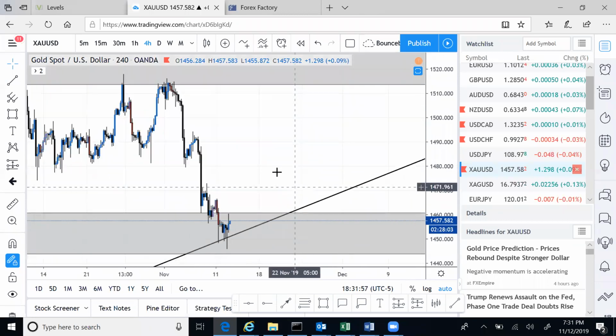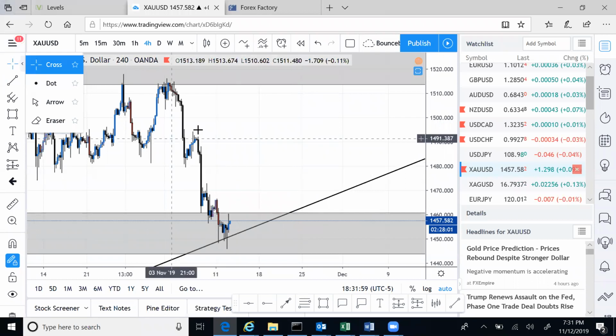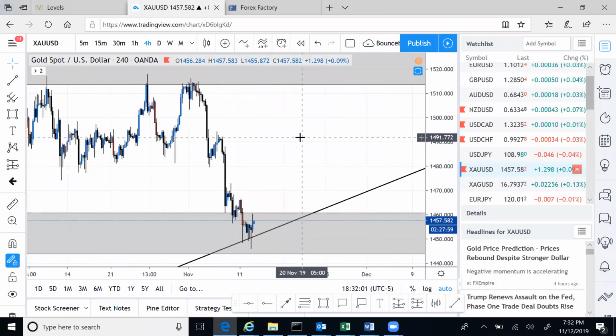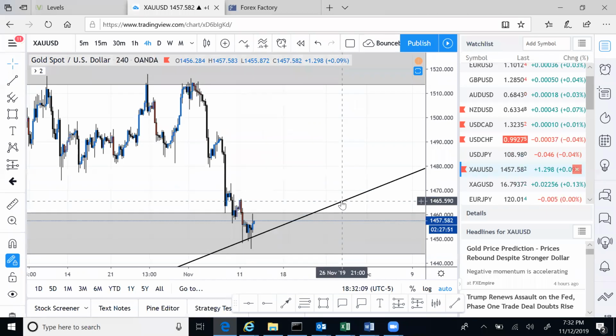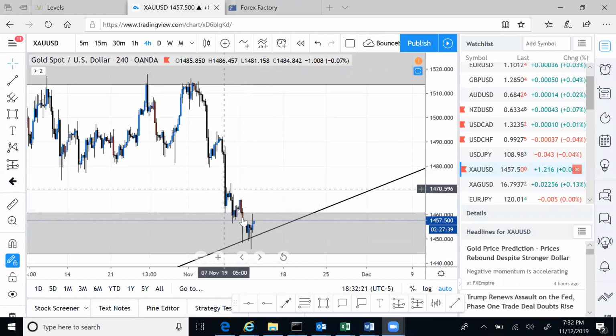So if you have been paying attention to patterns, please name the type of pattern here for me on our daily support and our trend line. Please name the type of pattern. Everything isn't choppy, Ford. Please name the type of pattern that is forming here.